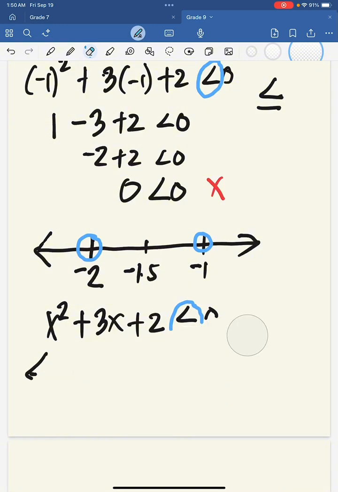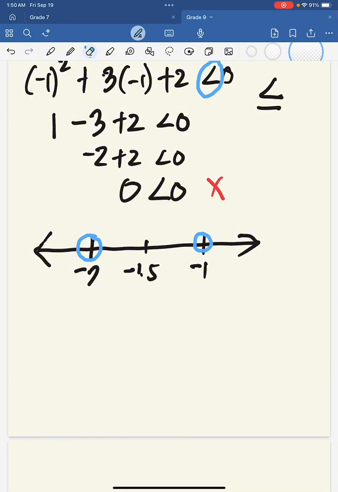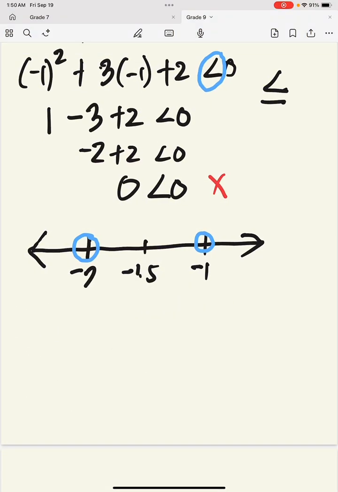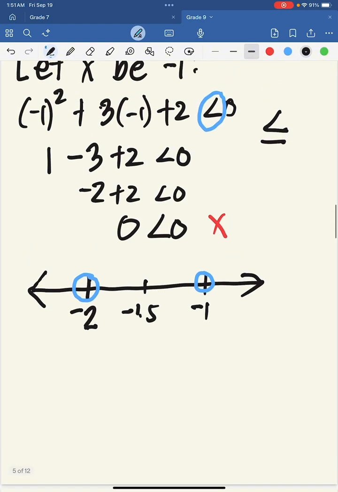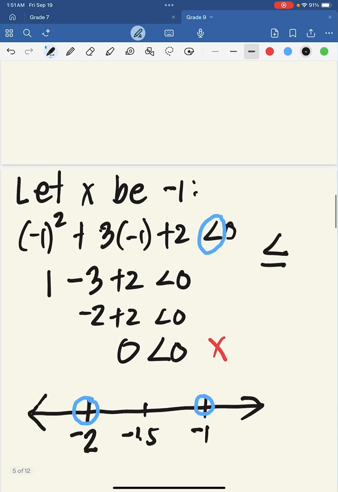So let's go back. Since we know that the critical values of the given inequality are negative 2 and negative 1, we should never use those two, because just like here, they don't satisfy the given inequality.